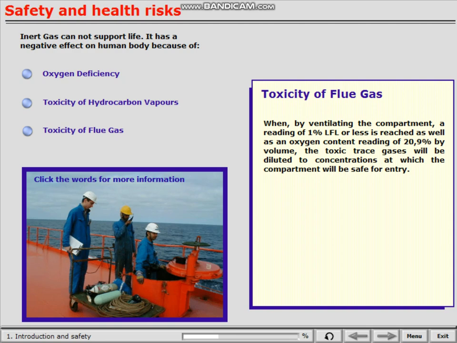When, by ventilating the compartment, a reading of 1% low flammable level or less is reached, as well as an oxygen content reading of 20.9% by volume, the toxic trace gases will be diluted to concentrations at which the compartment will be safe for entry.